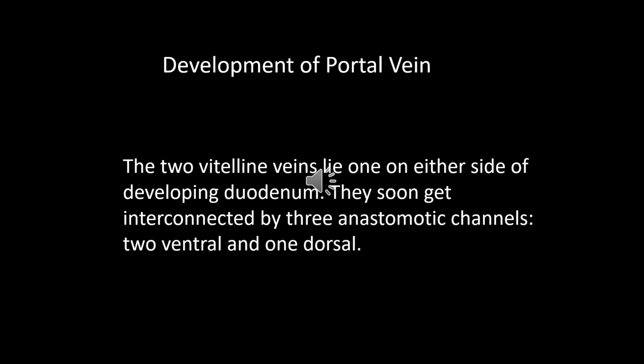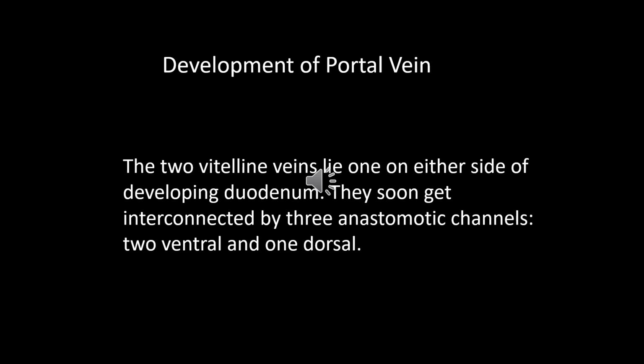Then we will go back to the primitive veins which are very close to the duodenum, that is the vitelline veins, right and left. These two vitelline veins communicate with each other by three anastomotic channels. One is proximal, that is ventral, in front of the duodenum.